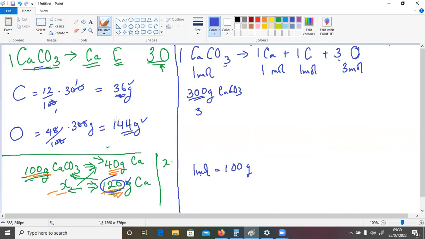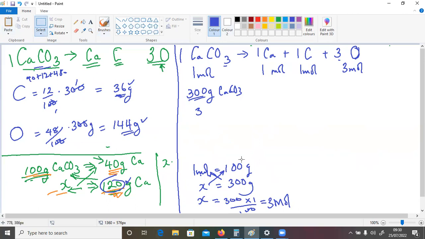We know that by calculating 40 plus 12 plus 48, we got 100 grams. So 300 grams, how many moles is that? I'll do cross multiplication, and at the end of the day I'll get my x is equal to 300 times 1 over 100, which will give me 3 moles. So if I have 300 grams of calcium carbonate, it's equivalent to 3 moles.